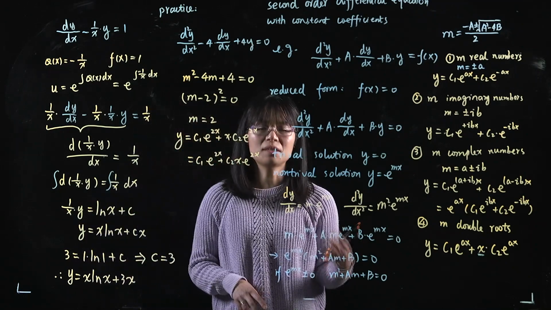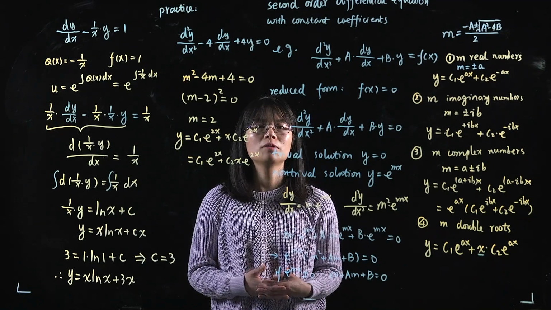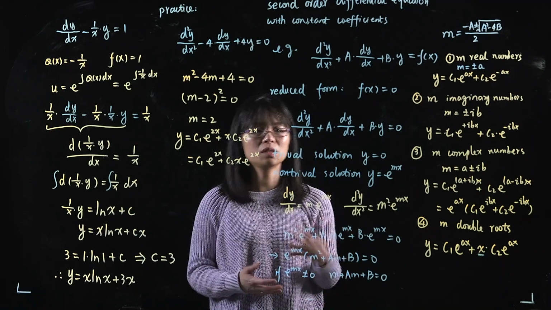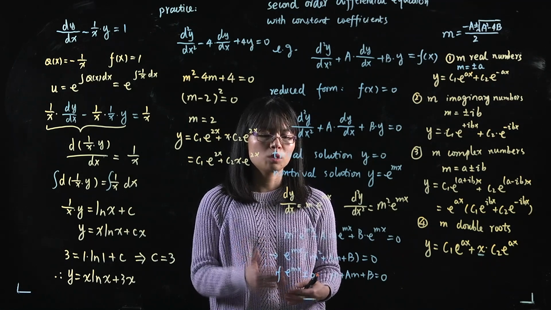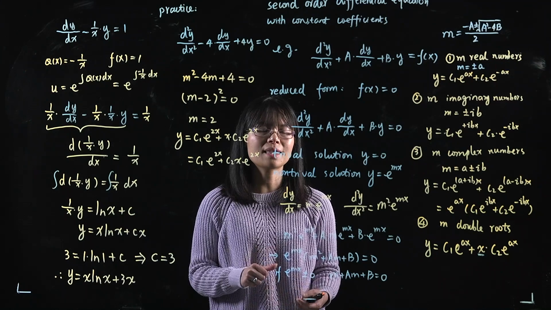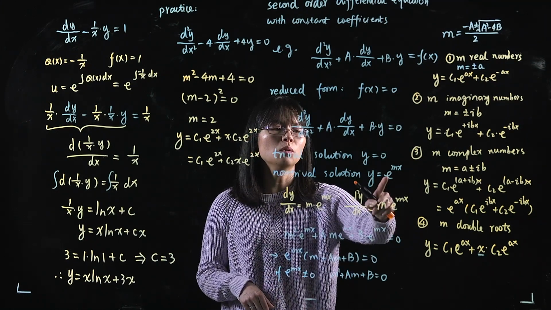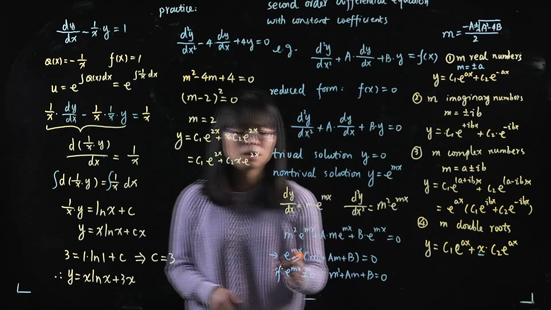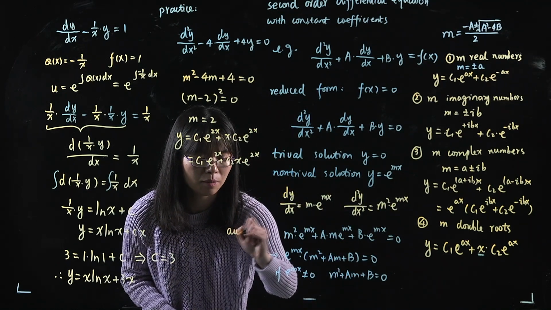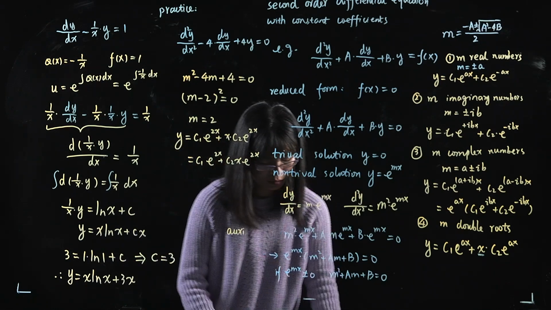For the second order differential equation, we first find the solution for the reduced form. To find the non-trivial solution, we set the possible solution y equal to exponential mx, which leads us to the auxiliary function.